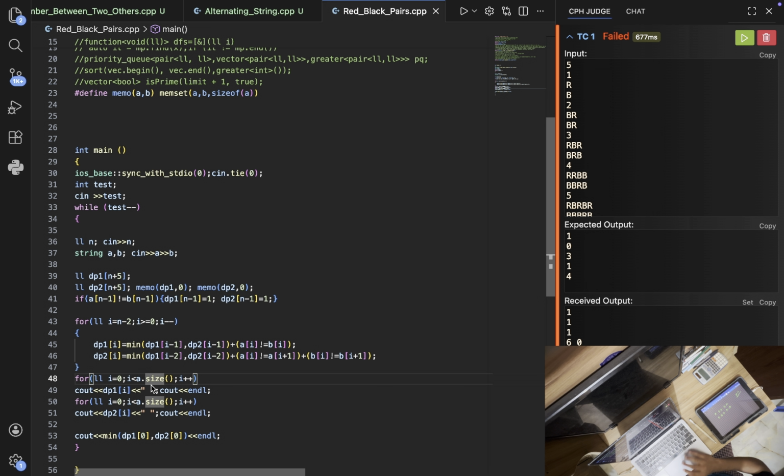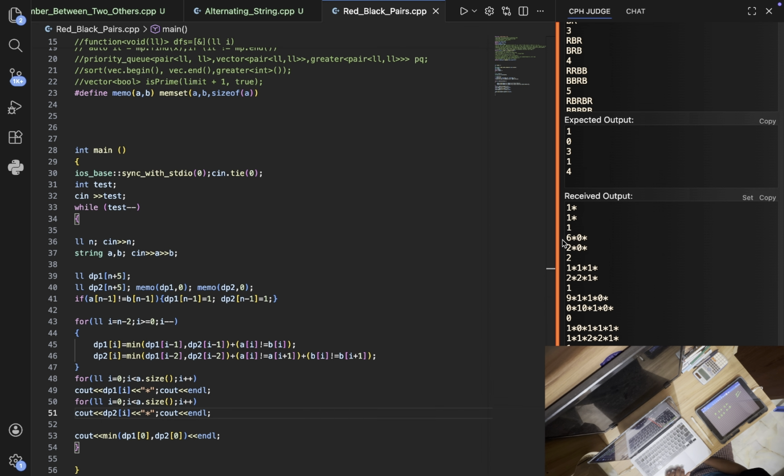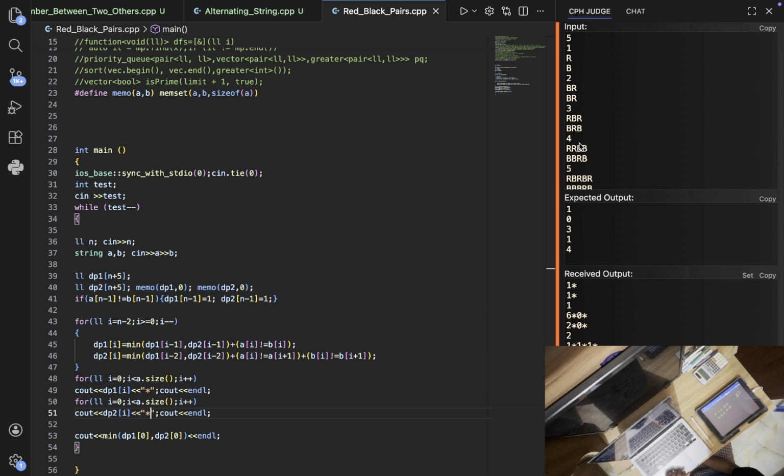It got 6 somehow. Okay, 0 6. What did I put in?